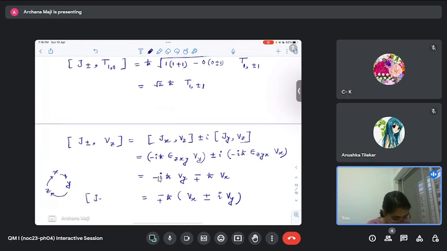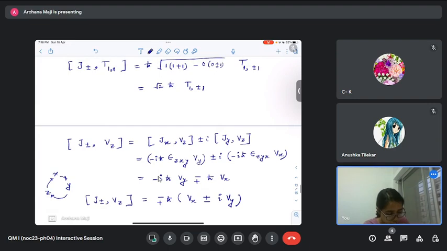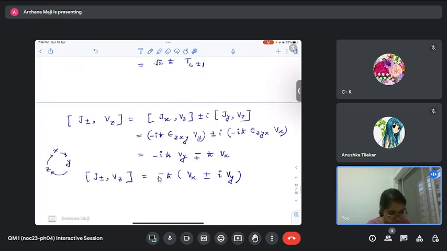So J plus minus Vz is giving us this, which is nothing but J plus minus T10, and this is equal to square root 2 h cross T1 plus minus 1.